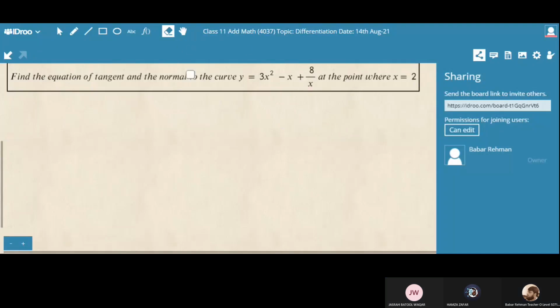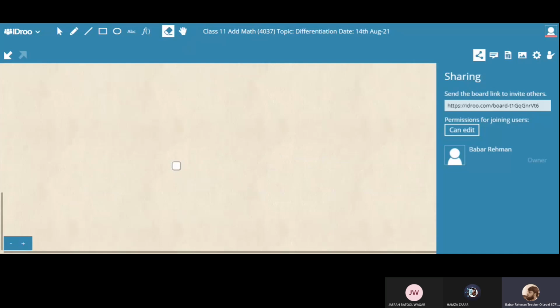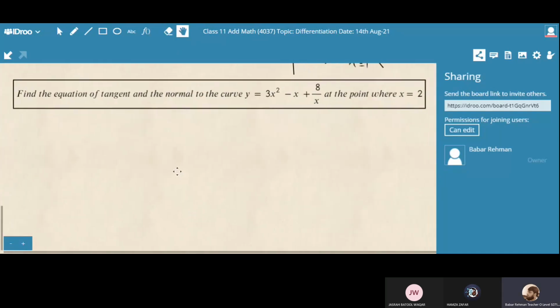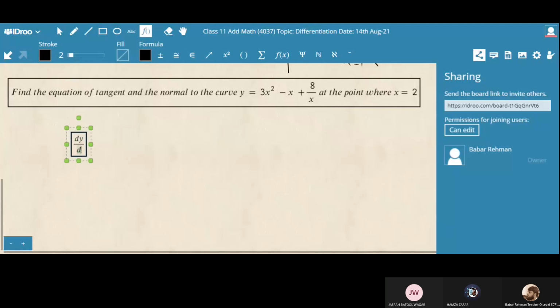All right. Okay. Now find the equation of normal. So, what is the first step that I have to follow? We need the derivative. We need the gradient. Definitely, we need m. So we will find the derivative of this.